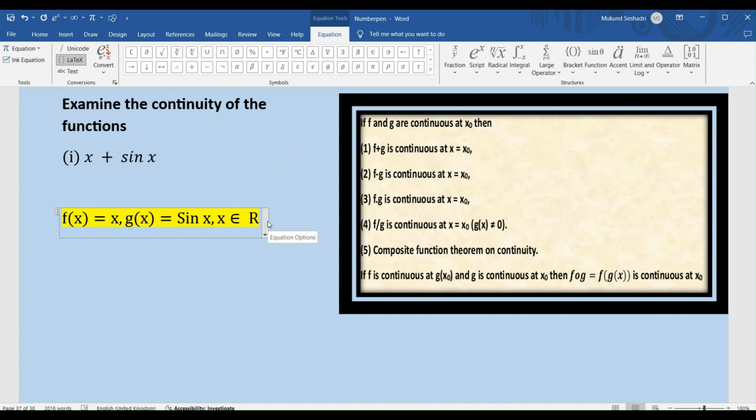So which means my f plus g, which is nothing but my x plus sine x, right?